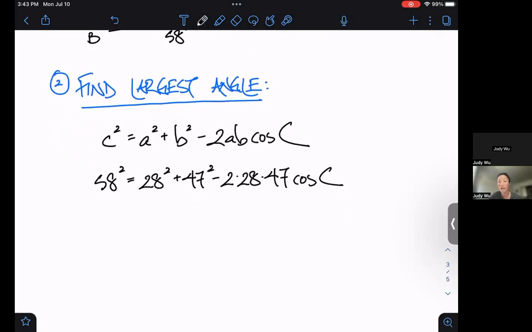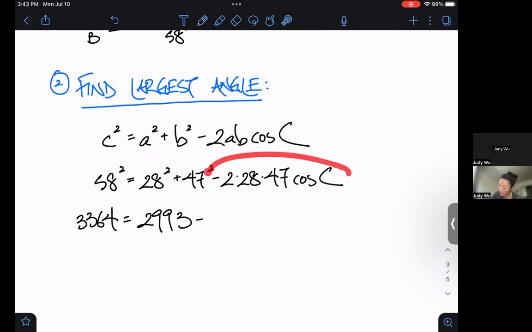Now, as far as the computations go, please listen carefully to what I'm looking for. We can square the 58, that's no problem. We get 3364. Then I want you to take these two and square them and add them. So 28 squared plus 47 squared. We add them, we get 2993.